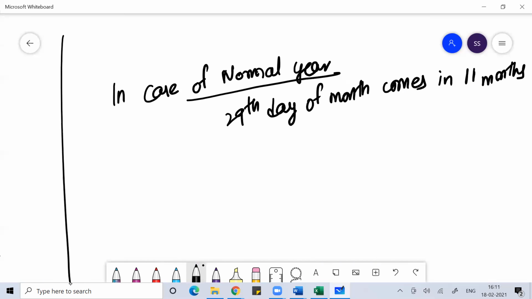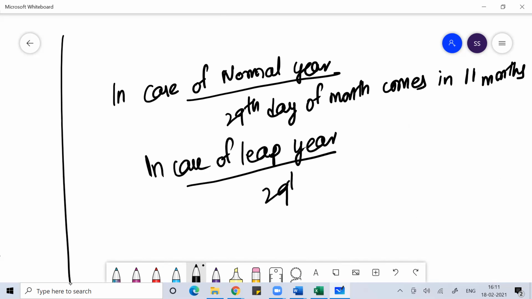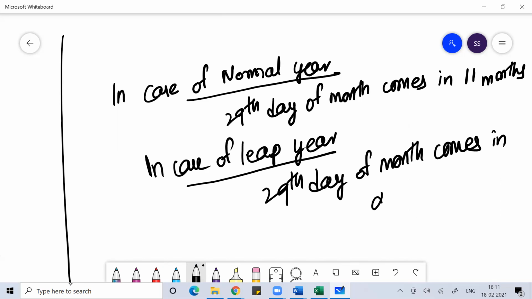In a leap year, the 29th day of the month comes in all 12 months. I hope you're understanding. You need to understand this part.